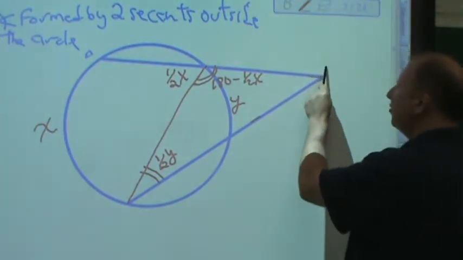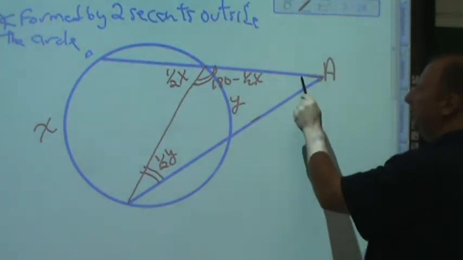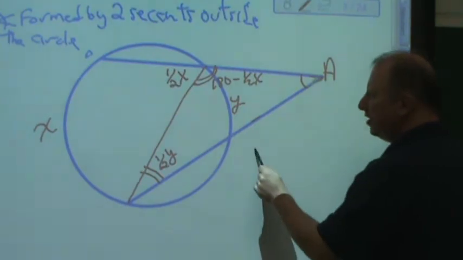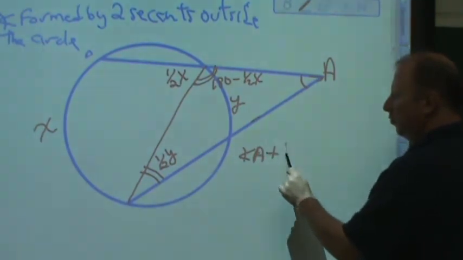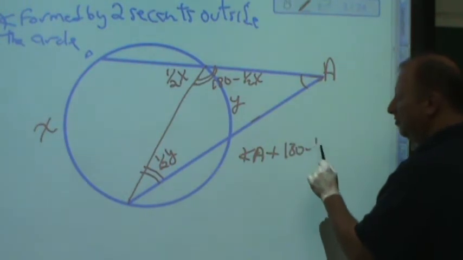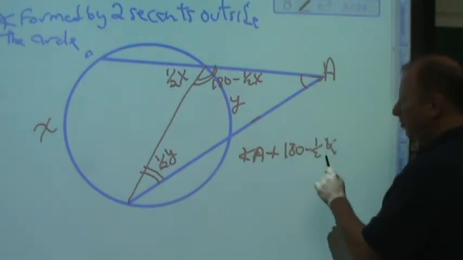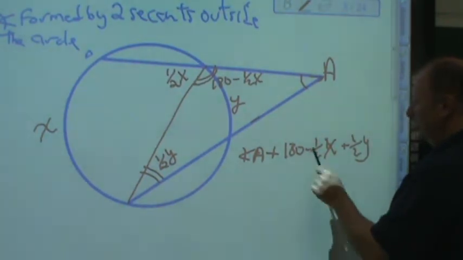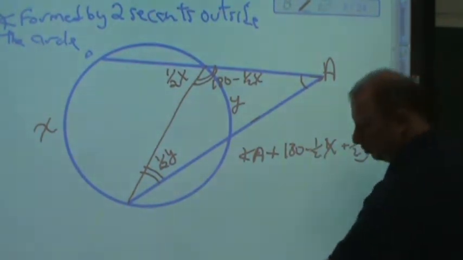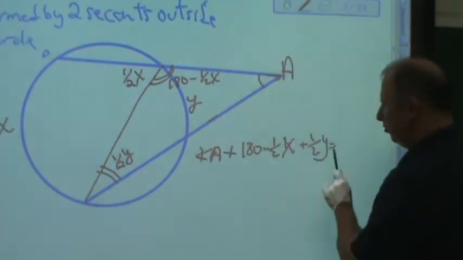And just for the sake of calling it, let's call this angle A. So I can now say angle A plus 180 minus half X, plus half Y is equal to 180.